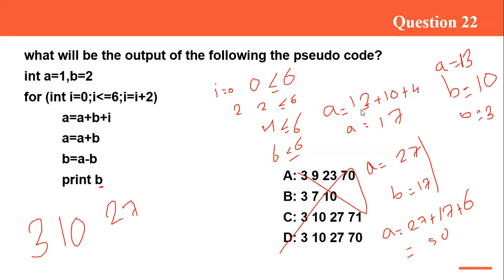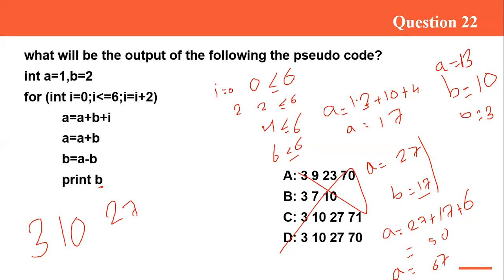Then, I hope I'm going correct. A is equal to A plus B again. A is equal to 50 plus B, which is 17. So 50 plus 17 is 67. Did we make anything wrong? I feel something went wrong. 13 plus 10 plus 4 is, yeah, here I made a mistake.